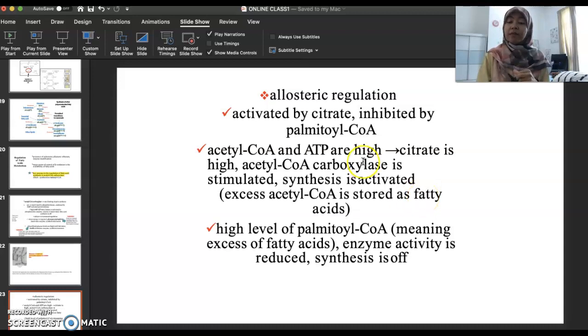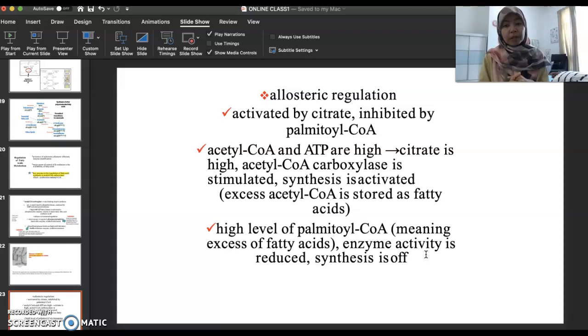Bila fatty synthesis process is activated, maknanya dia nak store the excess fatty acid. But if you have high level of palmitoyl-CoA, meaning of excess of fatty acid, enzymatic activity will be reduced and synthesis will be off.